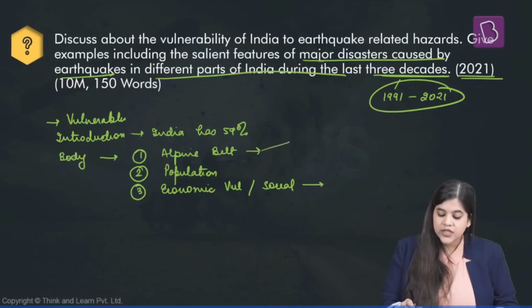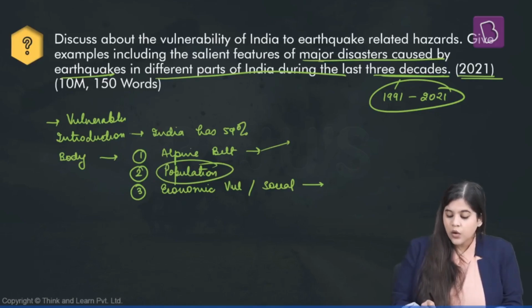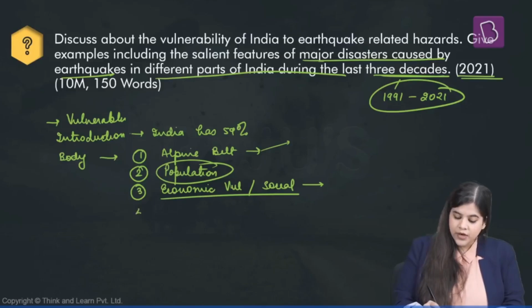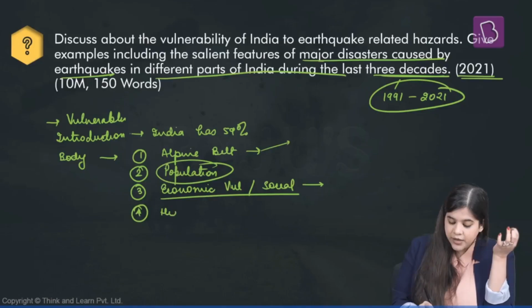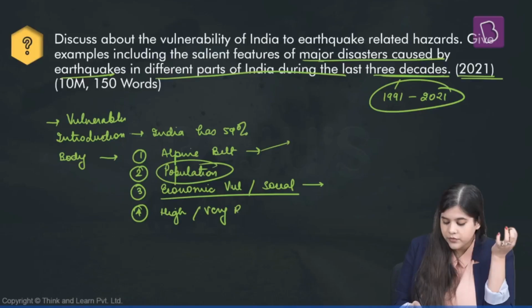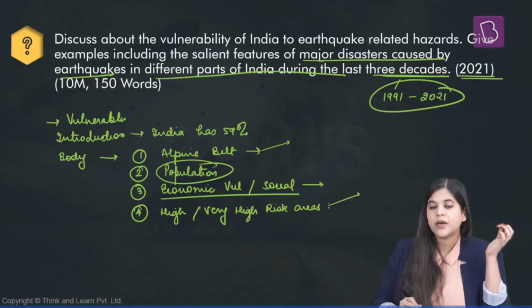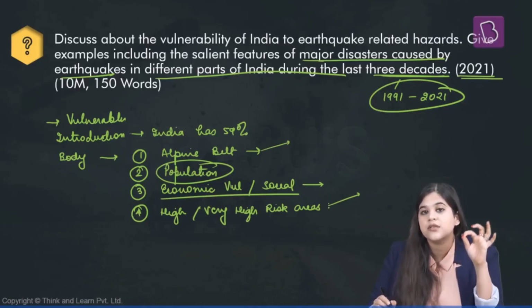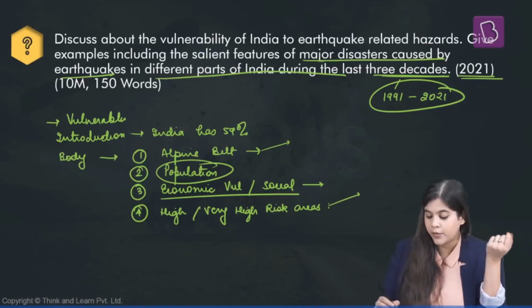So, India is vulnerable in those aspects as well. We have talked about physical vulnerability, population level vulnerability, also economic and social vulnerability. Apart from that, we'll talk about how the high and very high risk areas are mostly in the mountainous regions, and that is why there is a chance of secondary disasters that can hit that area after an earthquake has already happened.